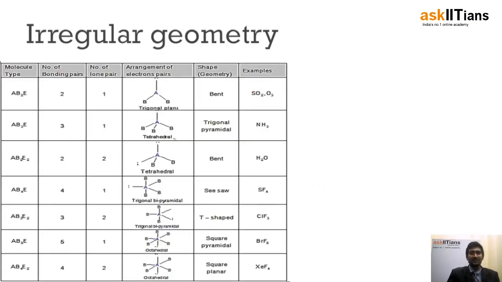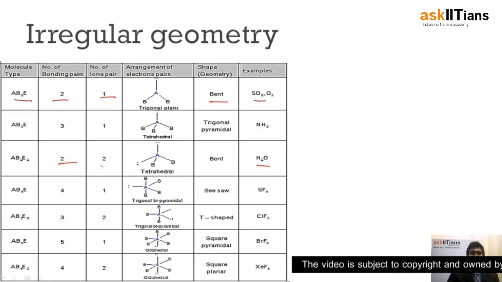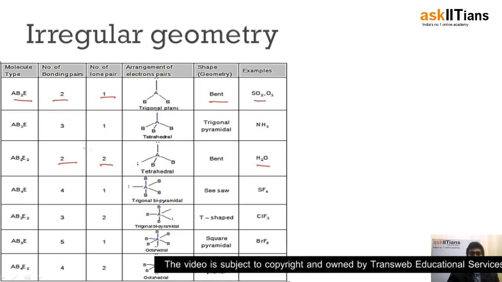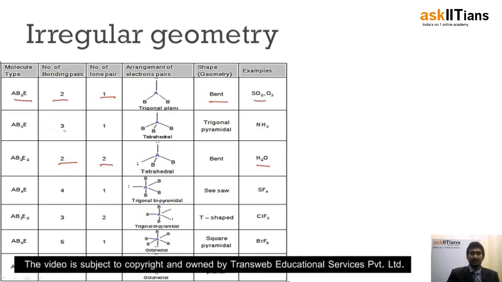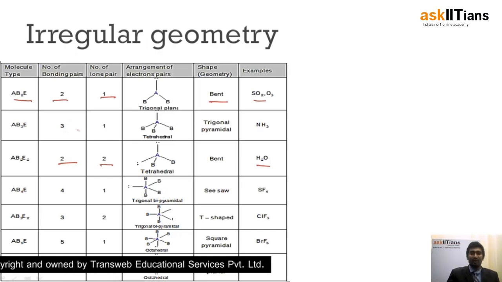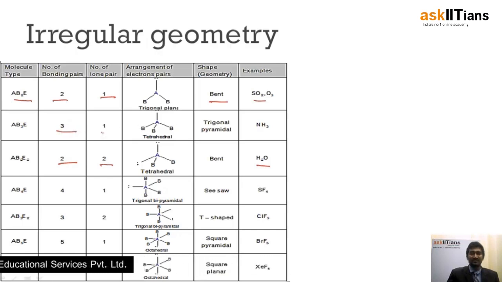Let's come now to irregular geometries. You can see here 2 BP and 1 LP makes it bent, like SO2. Bent shape is in water also. It is AB2E2 type, that means 2 BP and 2 LP. Trigonal pyramidal we call 3 bond pairs and 1 lone pair, like NH3.